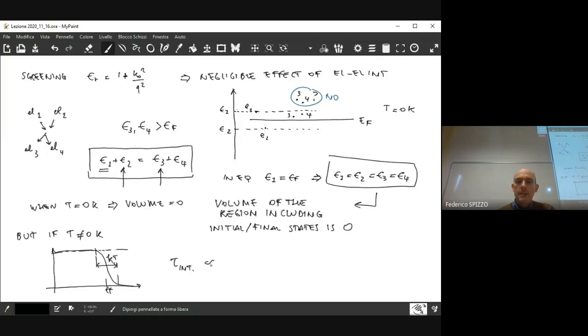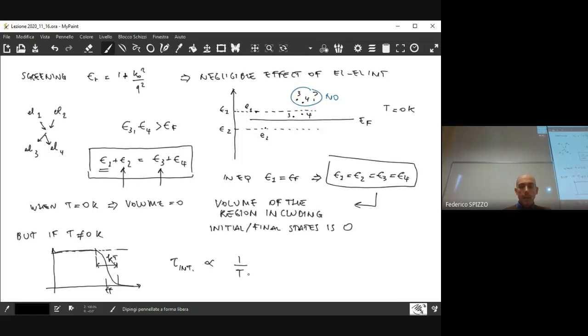And what is the dependence of this relaxation time over the temperature? Let's say when the temperature is 0, no scattering event. If we have no scattering events, the relaxation time has to be infinite. So we expect that the proportionality is between relaxation time and 1 over T.